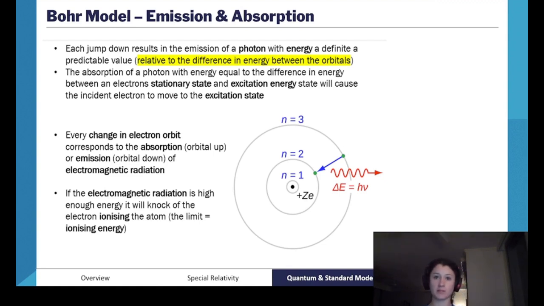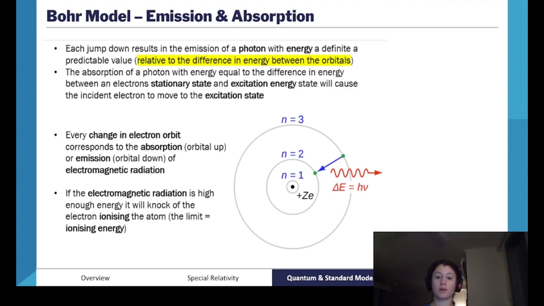This tells us that we have distinct, discrete orbitals, whereas Rutherford's model just said that we had electrons going around anywhere. Bohr's model tells us that we have discrete orbitals that electrons can be in, but they can't be in between.